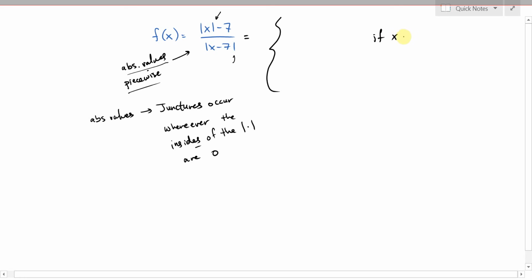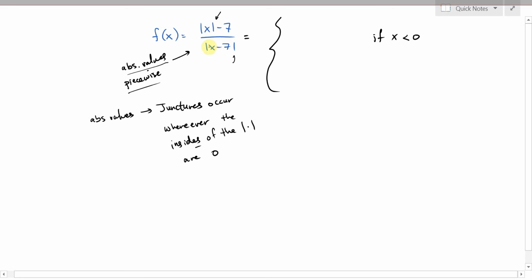If x is negative, then the absolute value of x is equal to negative x, right? The absolute value of negative 5 is 5: the negatives cancel and give you the 5. So the absolute value of x is equal to negative x in this situation.